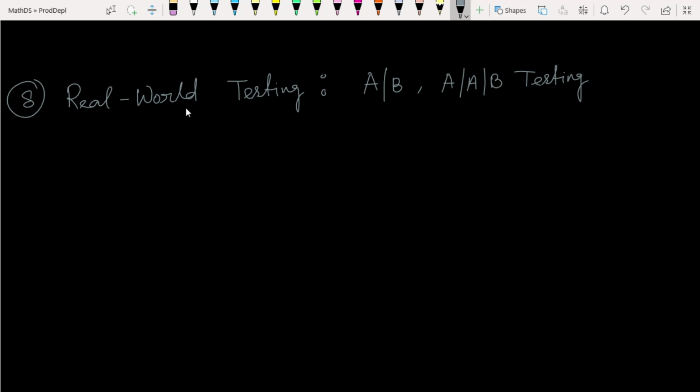Now in the ninth step, we have to bring these models to customers or business buying.